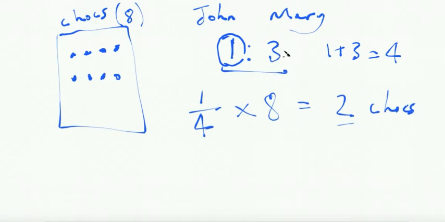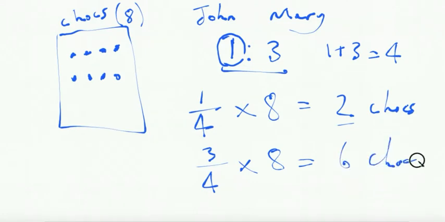Now let's see how many Mary will get. So we know Mary has 3 out of a total of 4 chocolates. So if we just multiply that by 8, we'll get 6 chocolates.